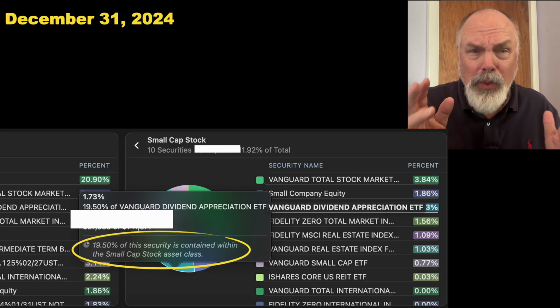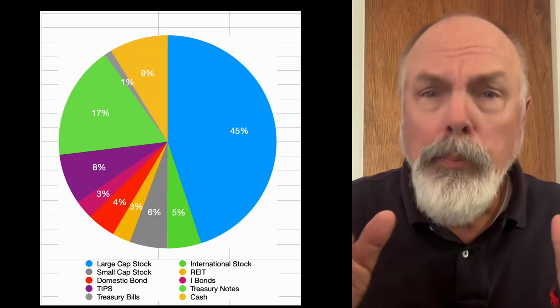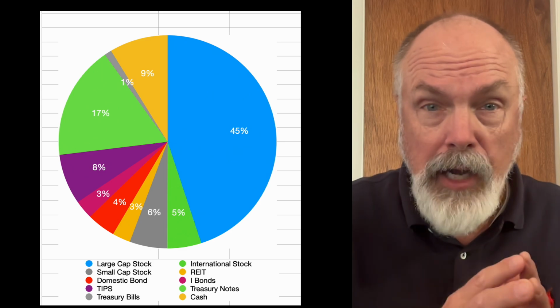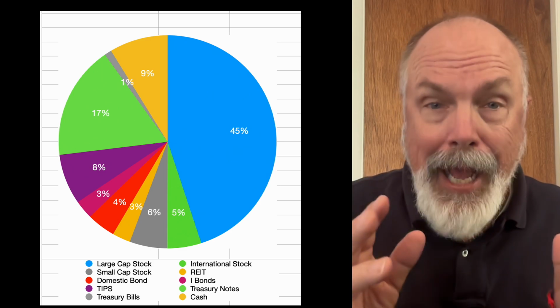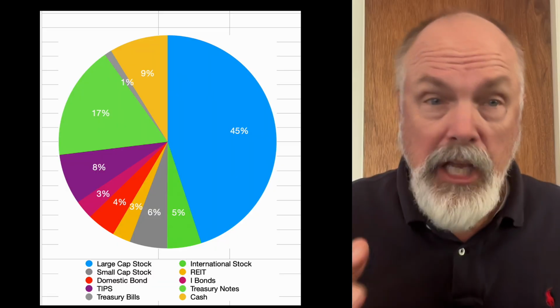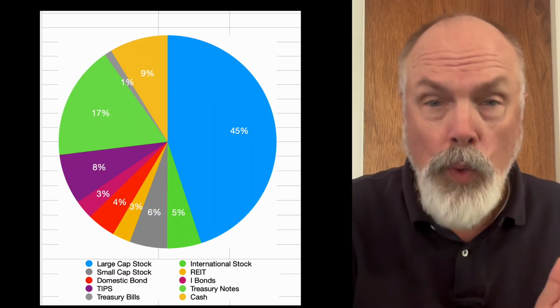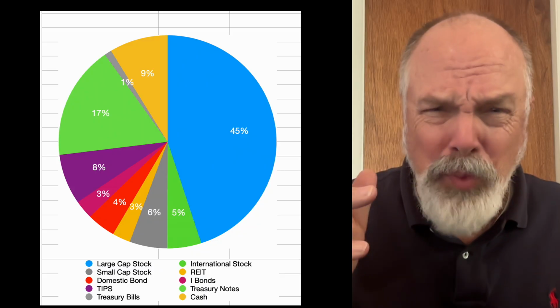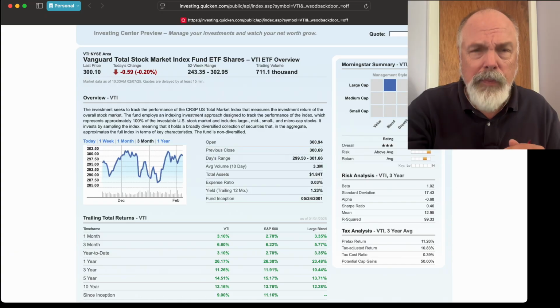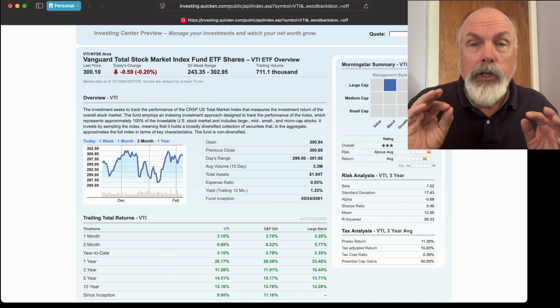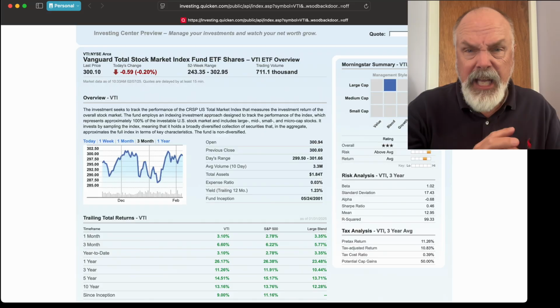So who knew? My own portfolio for buckets spreadsheet, as I shared last time, shows that small cap was about 6% of my total portfolio, which includes the cash in my bank as well. But clearly we're using different definitions. Now, Quicken for Mac allows you to look at the security overview for VTI.